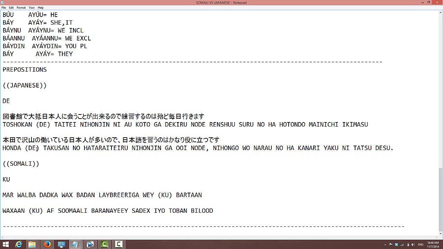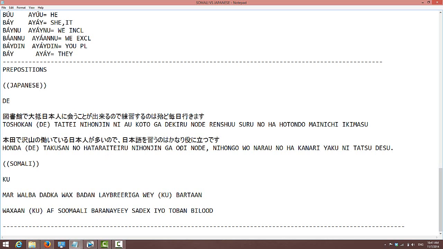Honda de, so there's the de, at, so at Honda. Takusan, that is a lot. Takusan no, a lot of. No is possession, but here it's like of. Hataraiteiru means working, from hataraku, which is the infinitive. Hataraiteiru nihonjin, so working Japanese. So there are a lot of working Japanese.